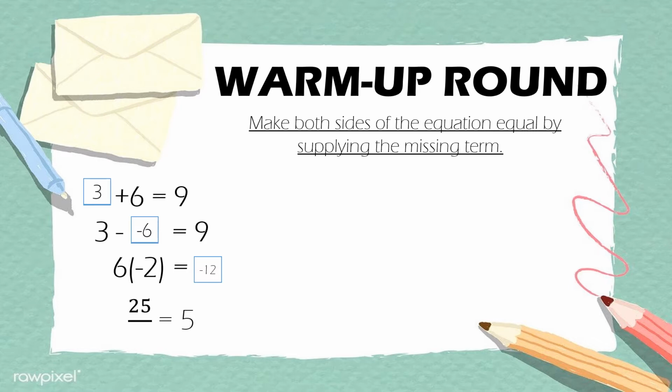25 divided by a number is 5. A number divided by 3 equals 1/3. One plus a number divided by 3 is 5.